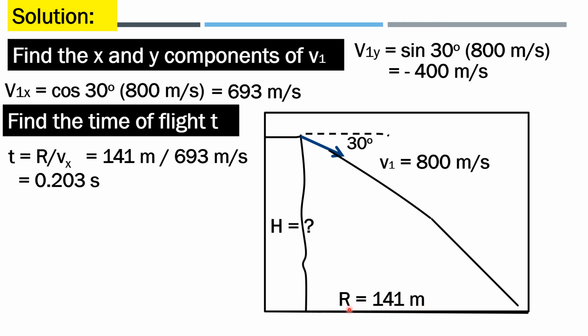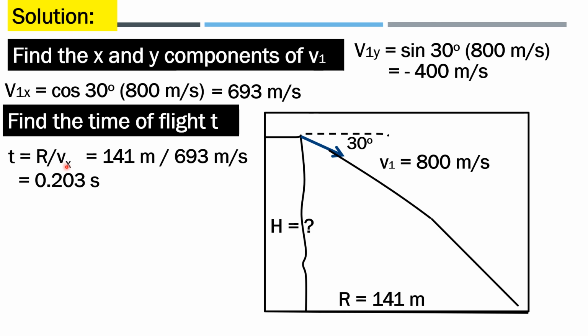The relationship between the range and the vx, as we earlier represented, is that the range is just equal to vx multiplied by the time t. And transposing that equation to solve for the time t, we have range divided by vx.